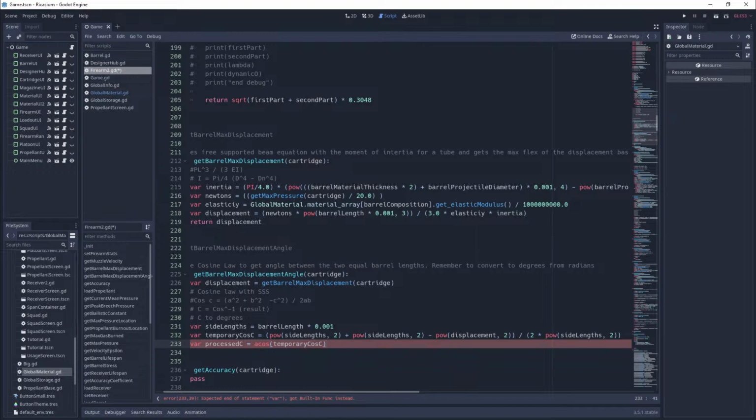That's an interesting one though. I don't think I've ever had to use these type of functions before.